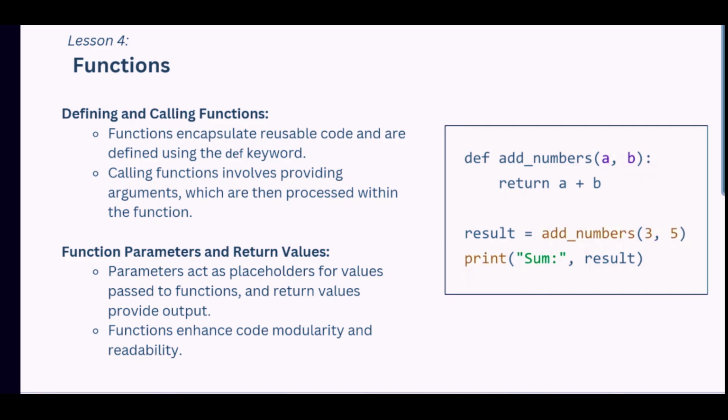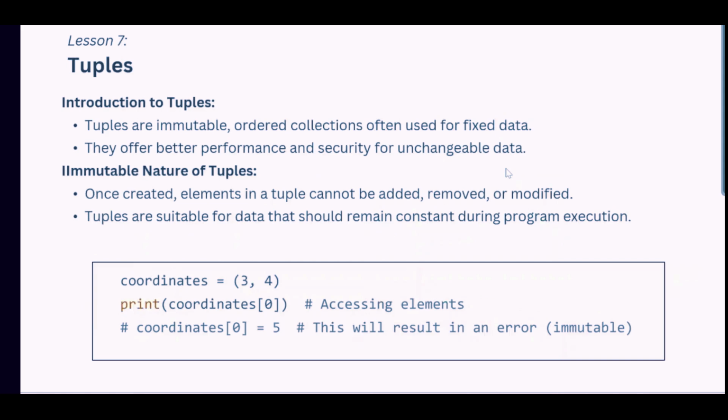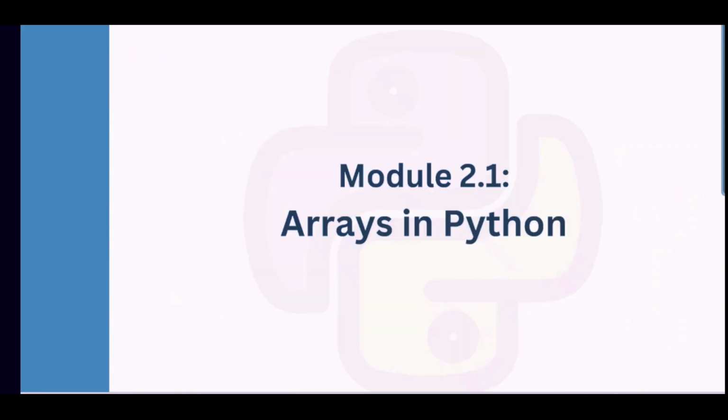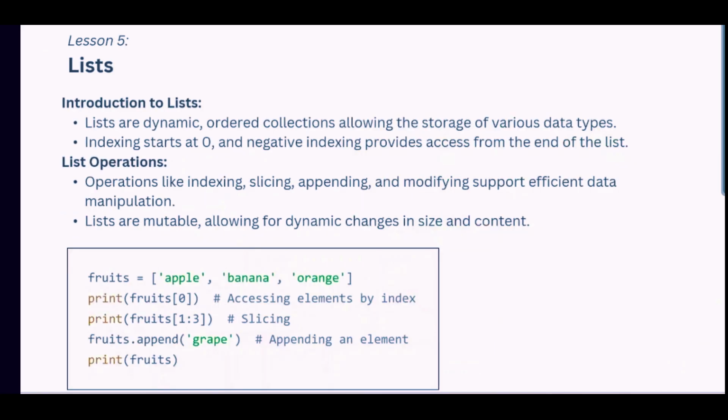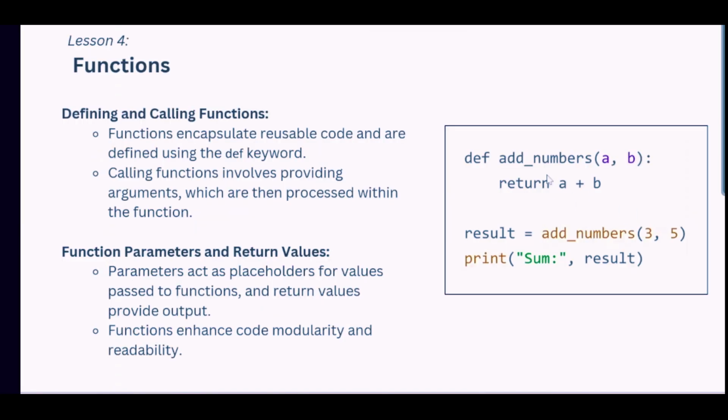For example, I'll create a function named add numbers, and it will take inputs a and b, and it will always return a plus b. If I have created this function and I put add numbers 3, 5, then it will return 8 as an output.